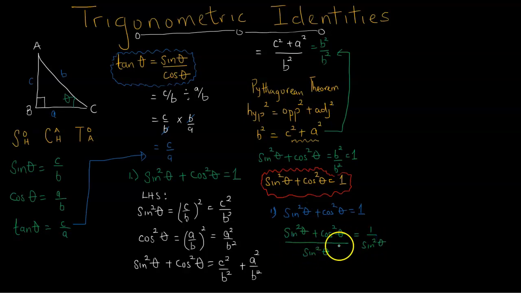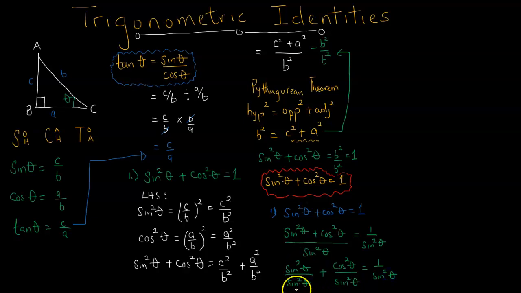So this is a long one, so we can actually split the sine squared theta across both of them. So this is going to be sine squared theta over sine squared theta plus cos squared theta over sine squared theta is equal to 1 over sine squared theta.